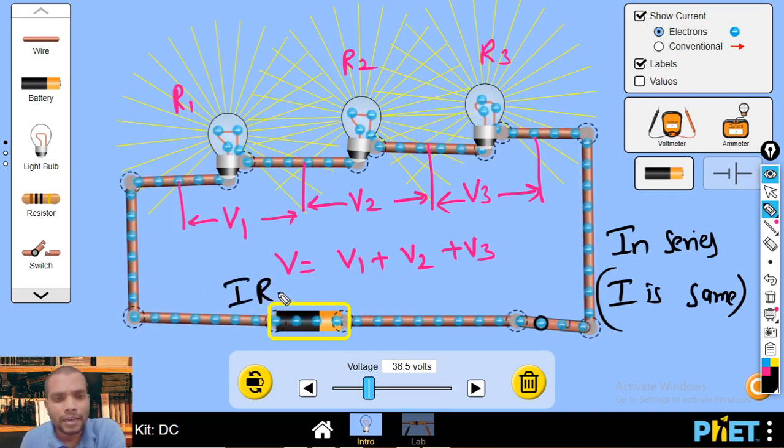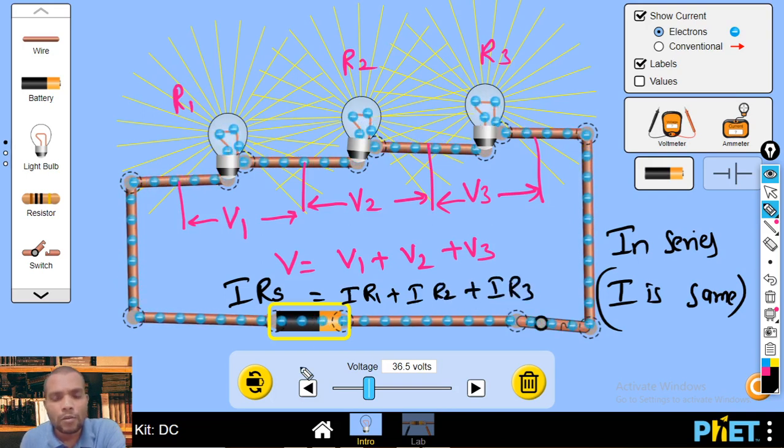If I write this, the series resistance Rs equals I times R1 plus I times R2 plus I times R3. Take the common I and cancel it out, and we can write that series resistance Rs equals R1 plus R2 plus R3.